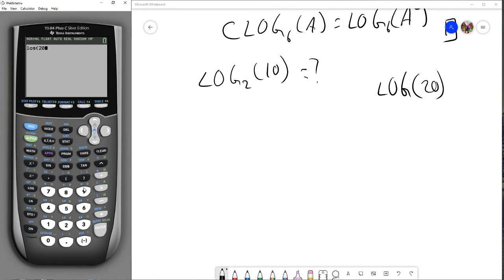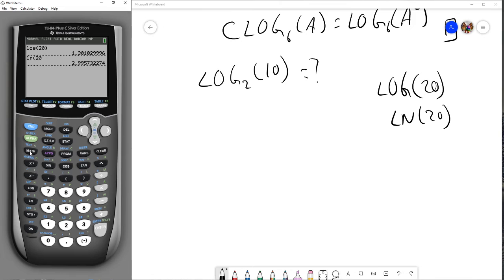Log of 20, boom, 1.3, etc. Similarly, we have natural log, so we can just plug that in. Natural log of 20. We have those buttons there. That's almost 3. But what about log base 2 of 10?